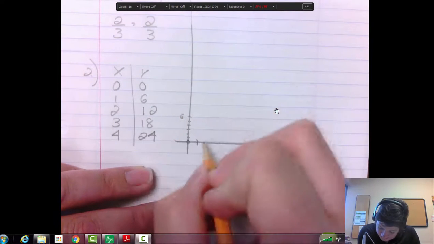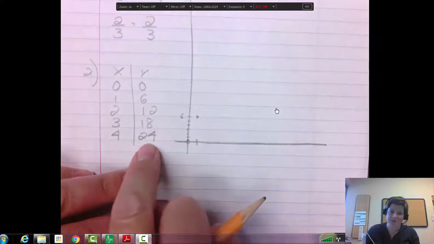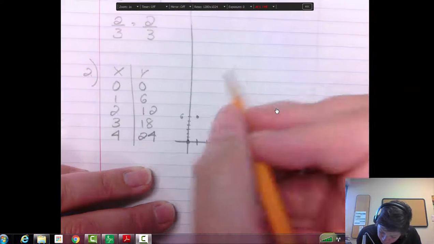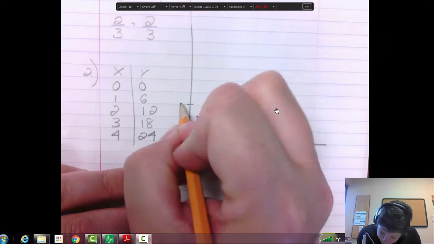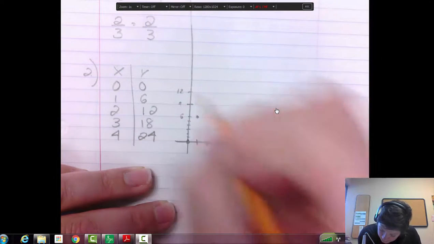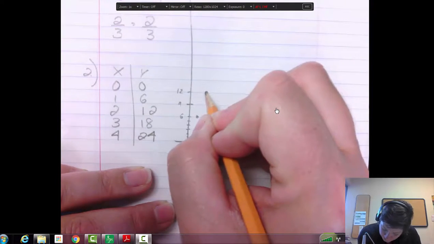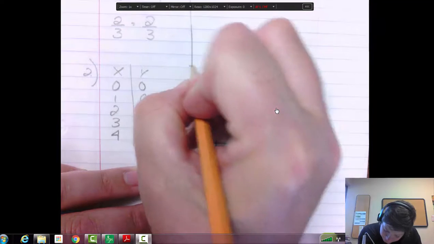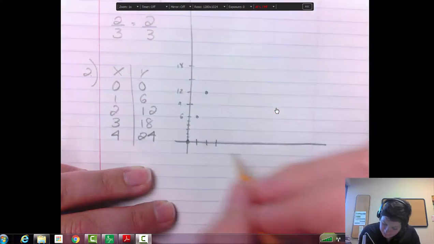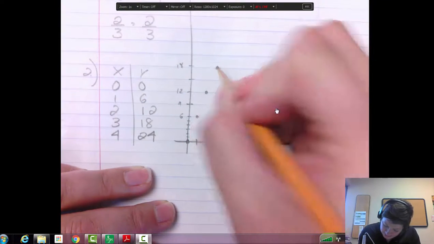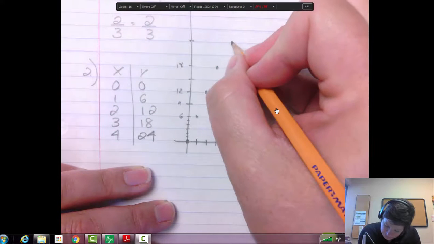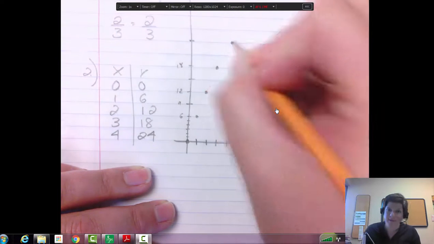So this would be 1, 6, because it goes all the way up to 24. I don't know if I'll quite have room to graph the whole thing. 2, 12. Well, if this is 6, this would be 9, and that would be 12. So we have 2, 12, and then 3, 18 would be here. 4, 24. So I did good, I fit them all on.